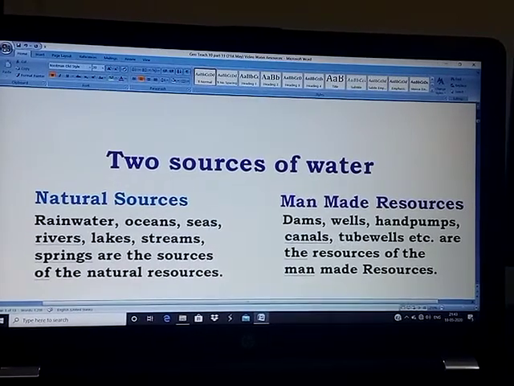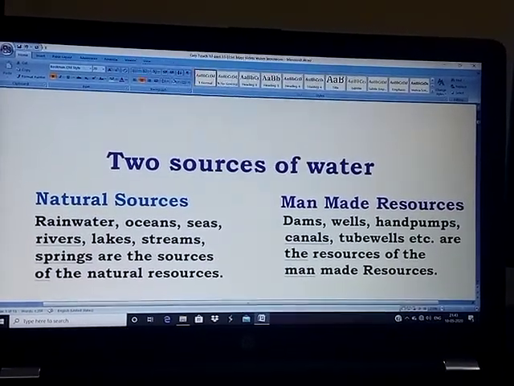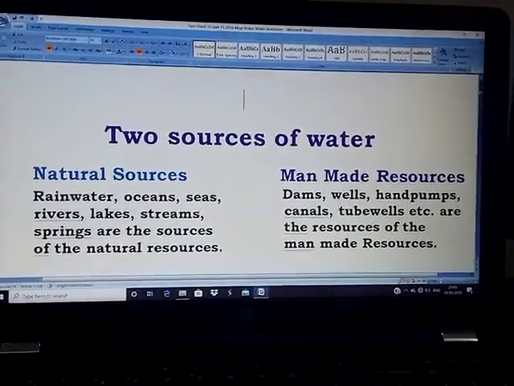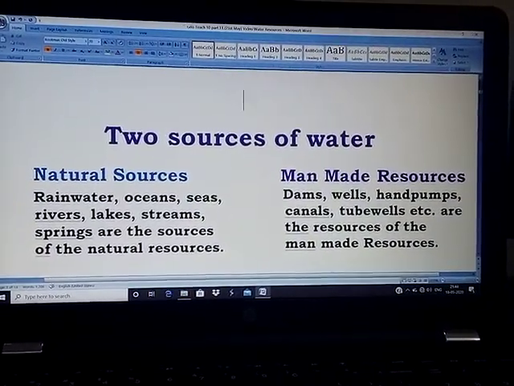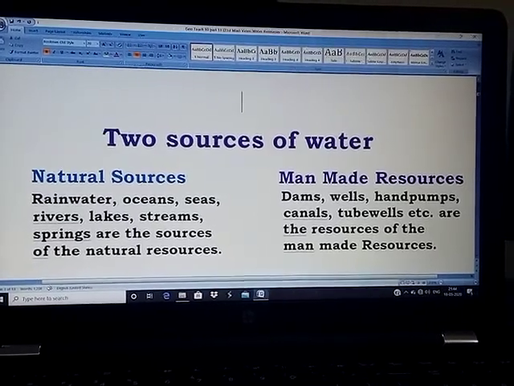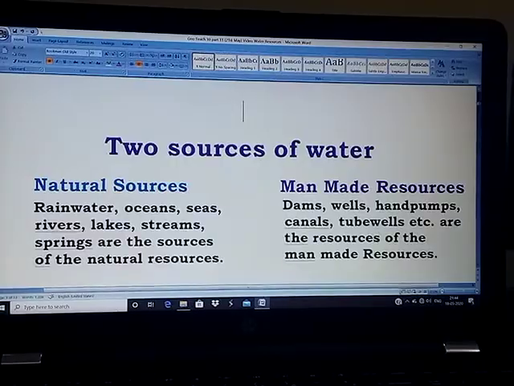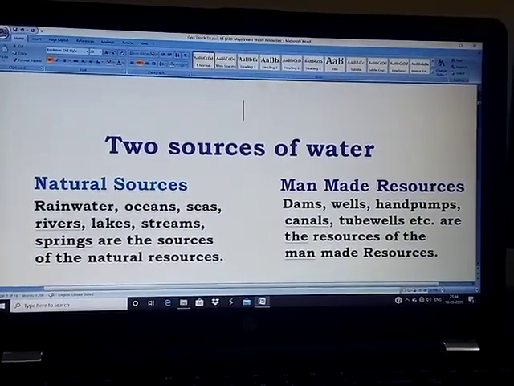These are the sources of the man-made resources. Now, man-made resources means man cannot make rain or water. They can only reserve water by these artificial devices.